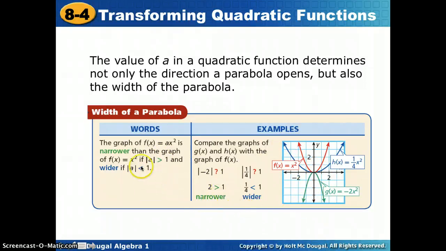If it's a number that is less than 1, the absolute value of it, so you just ignore any negatives, then the parabola gets wider. So that's what you really need to write down about this. Alright, if you're confused by that, call me over. It's really not that difficult, but it may need a little further explanation.